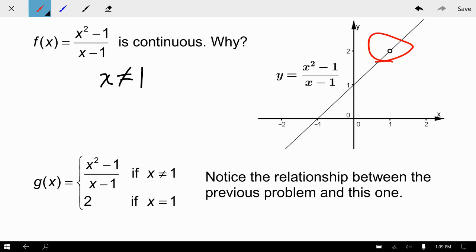So what we do to figure out what that point needs to be is we take the limit at x is equal to 1, and then we figure out, okay, what is the function approaching at x is 1? And then we can just define a piecewise function and fill in that hole in the graph. So you'll see some problems like that on the assignment where they're going to say, rewrite this so the function is continuous. That's what they're wanting you to do, is figure out what the limit is at that point, and then use the definition of continuity, make the limit value equal to the function value.